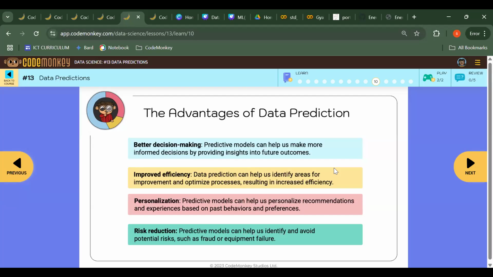Improve the efficiency. Data prediction can help us to identify the areas for improvement and optimize the process, resulting in increased efficiency. If I give an example, like you have a company delivering food, in order to deliver effectively, you will analyze and study traffic.